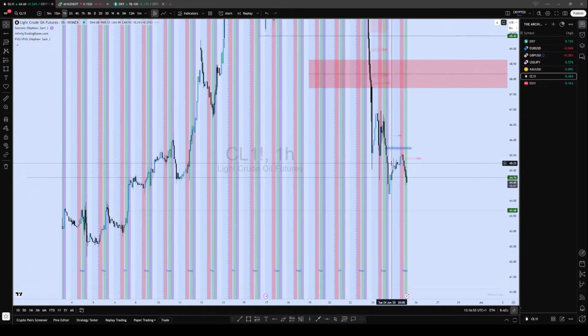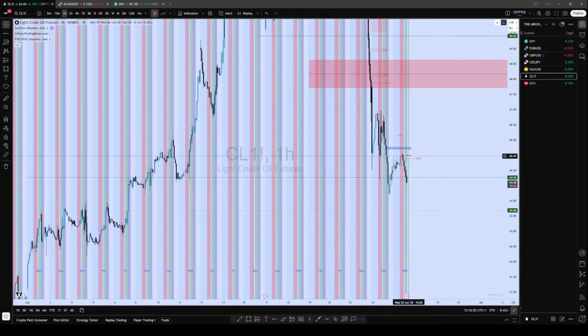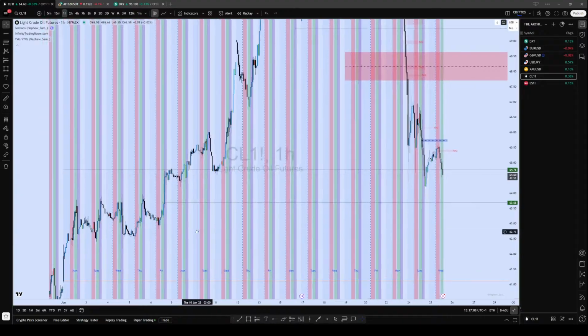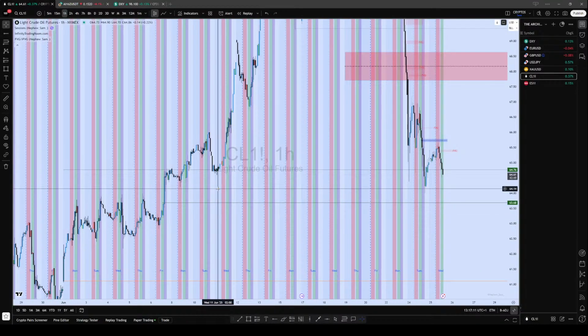So if we are to rally between 2 and 3, look out for that small gap that I've identified to act as resistance, and then send price to 63.68. Okay, so that is that for crude oil.